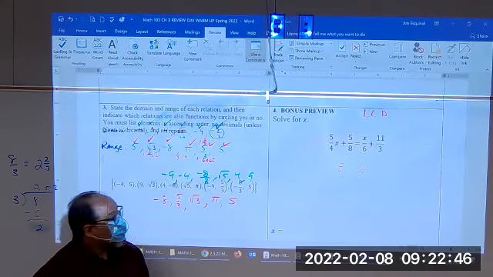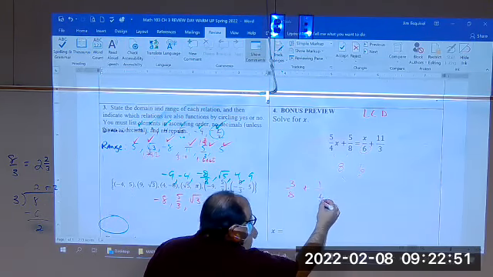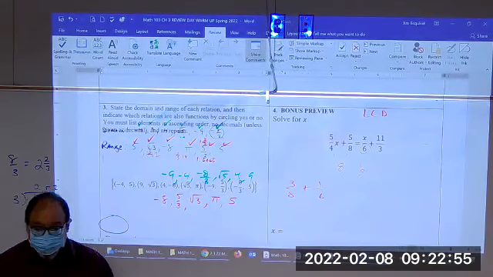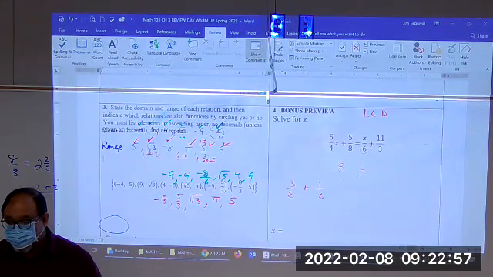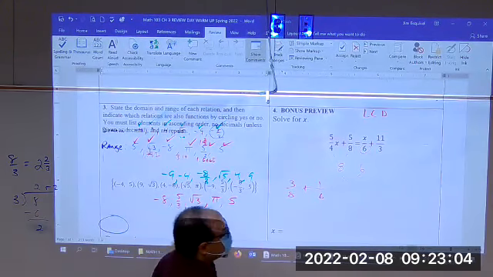So if you had a fraction like 3 over 8 plus 1 over 6, what's the least common denominator that you would have to make to add those together? 24. So think about it.